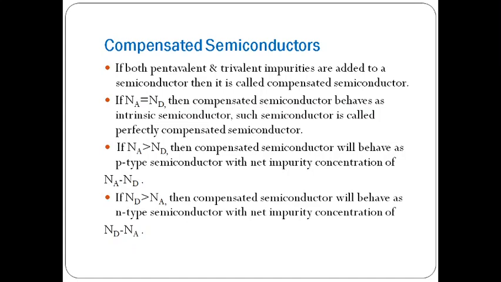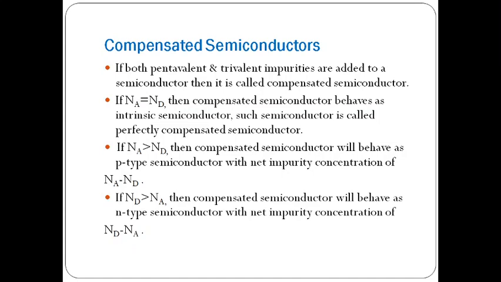When we add third group and fifth group elements to the pure semiconductor, based on the concentration of acceptors and donors, the compensated semiconductor behaves as an intrinsic, n-type or p-type material. If the acceptor concentration and donor concentration are the same, then the compensated semiconductor behaves as an intrinsic semiconductor. Such a semiconductor is called a perfectly compensated semiconductor. If the acceptor concentration is greater than the donor concentration, it is called a p-type compensated semiconductor, and the net impurity concentration becomes Na minus Nd.